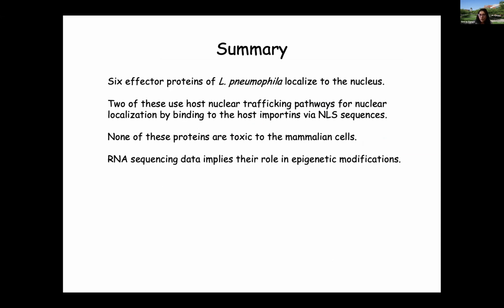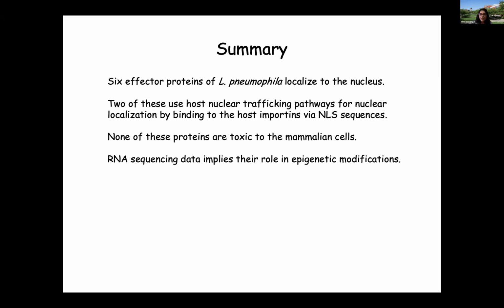So here is the overall summary. There are 6 different effectors that we are working on that go to the nucleus during an infection. 2 of these we know use the host nuclear trafficking pathways for transport. We don't know what the other 4 do, so it would be interesting to know how they get into the nucleus.